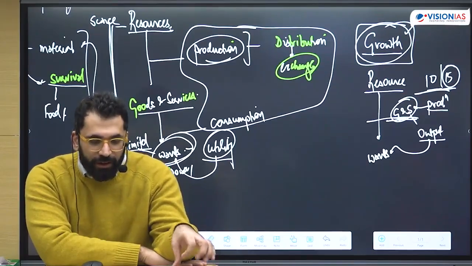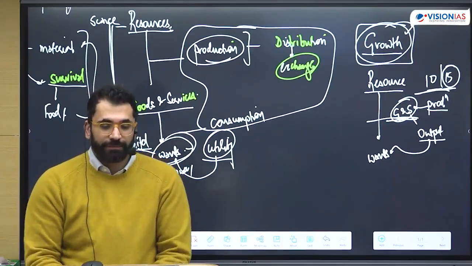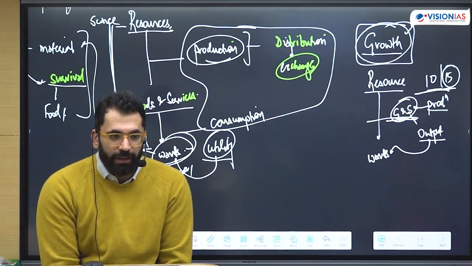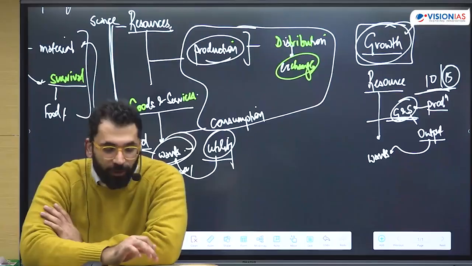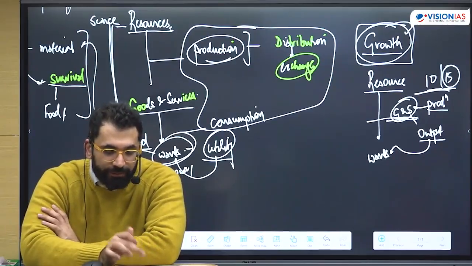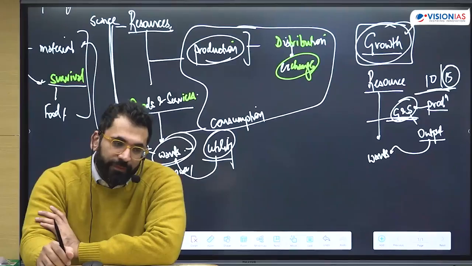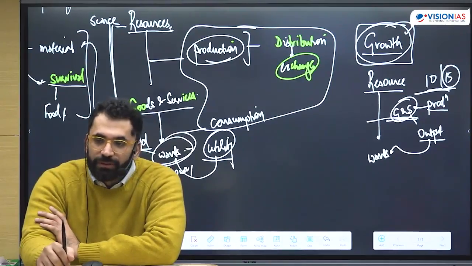In the next line, production is the process of transforming inputs into output, that increase the utility or want satisfying capacity of the inputs.